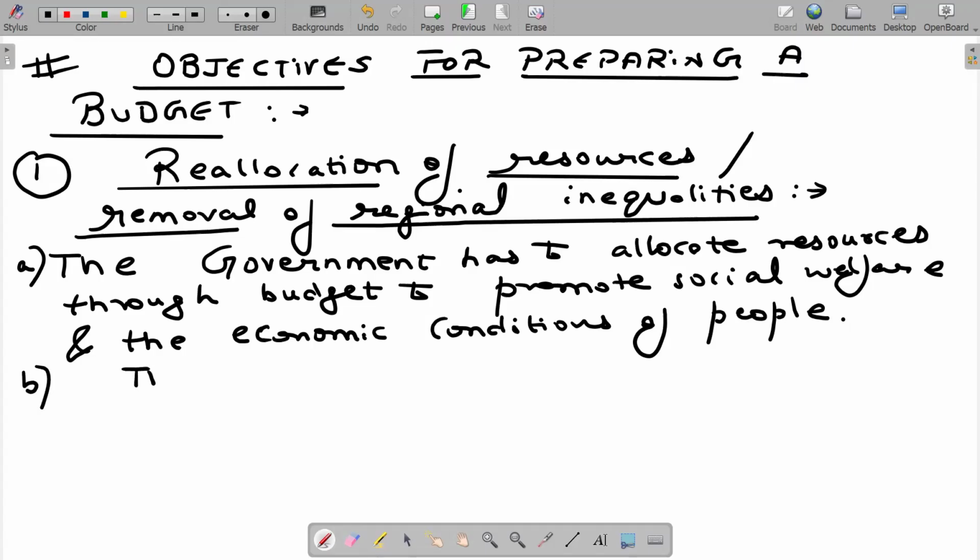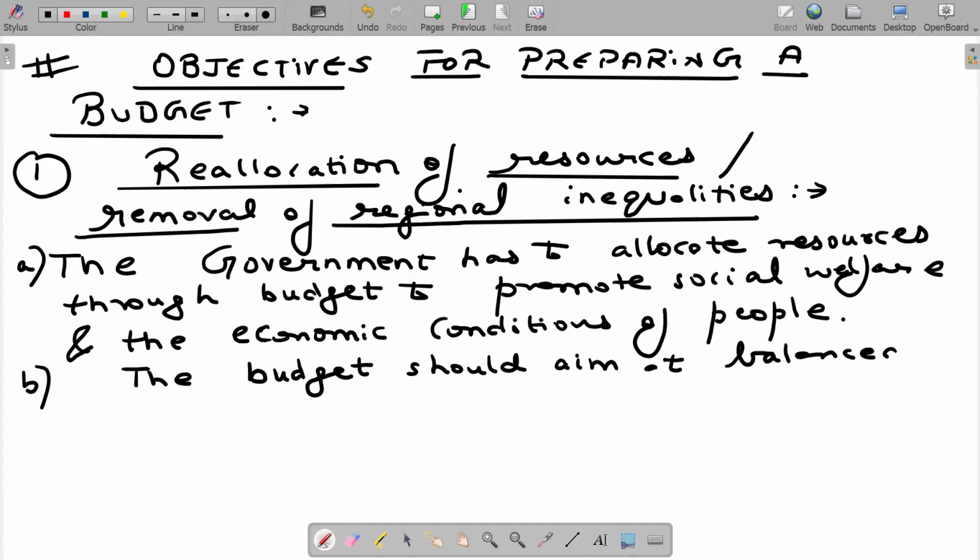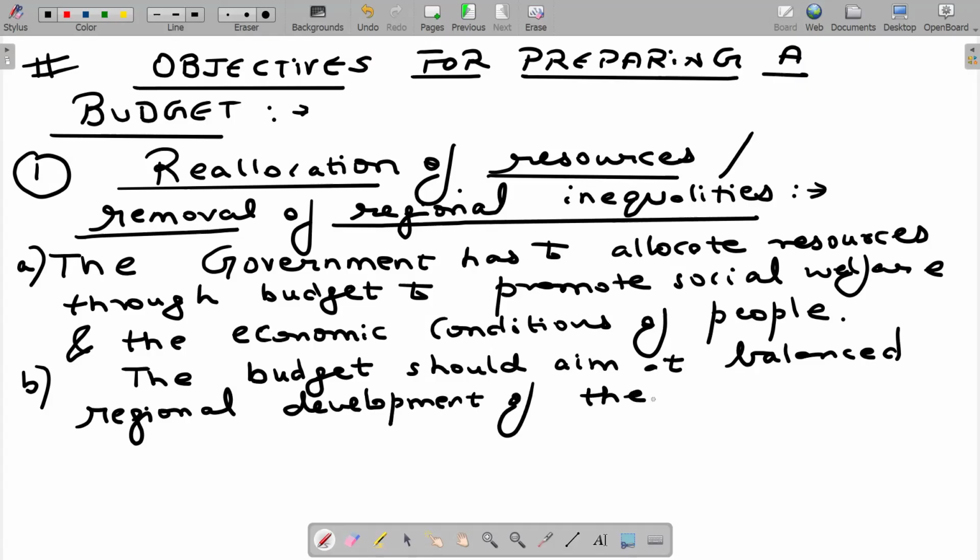The budget should aim at balanced regional development of the country or the states, whether we talk about the union budget or the budgets which are prepared by states for their own local allocations.